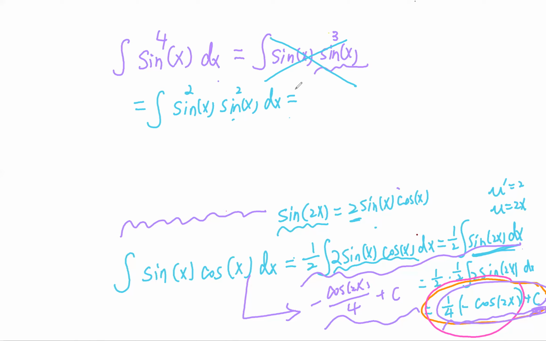Whenever this exponent is large, it's hard to solve. Is there a way I can make the exponent smaller? If I can make the x squared smaller down to the first degree, the problem is going to be easier, right? Is there a way I can have sine squared down to the trig for the first degree? This is what we just did.